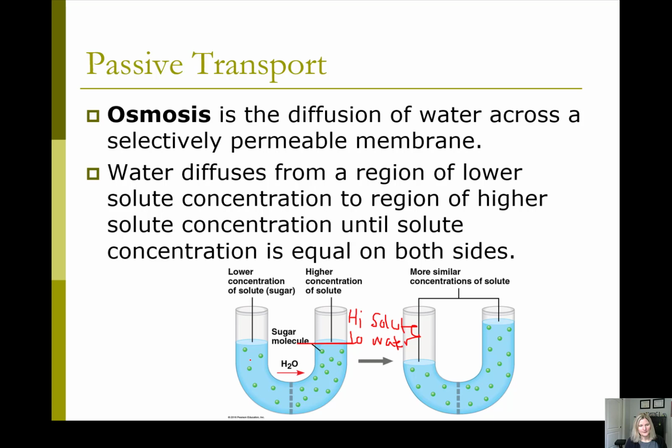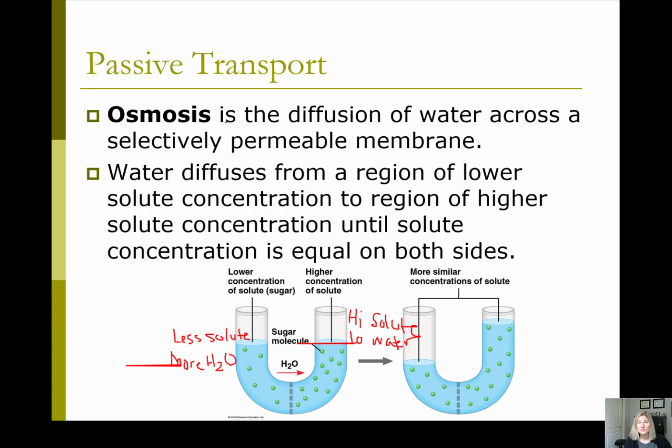Comparably, there's more on this side, less on that side, so less solute, which comparatively means more water molecules. Now the solute can't move, right? We cannot suddenly have these green things make their way through the semipermeable membrane. They're too big to get through. So the only thing that can pass through is water.